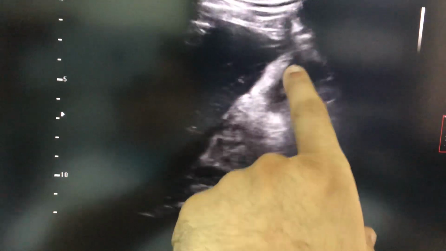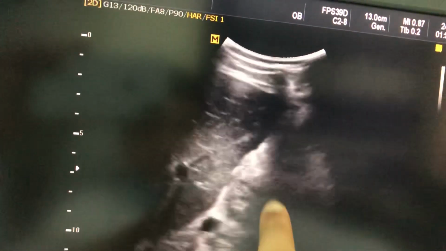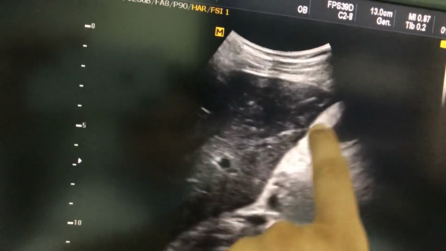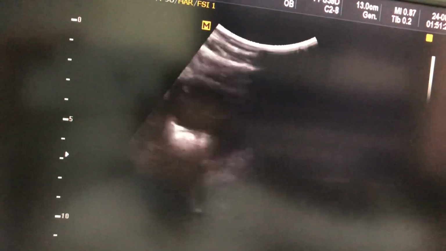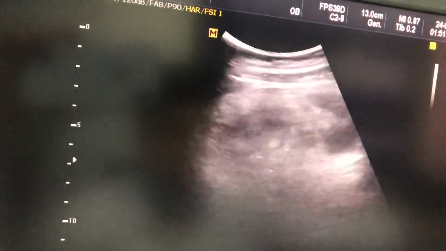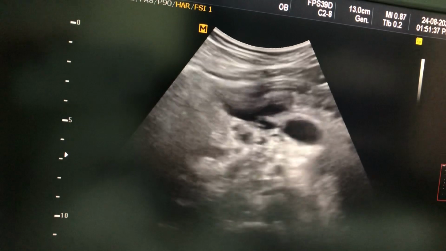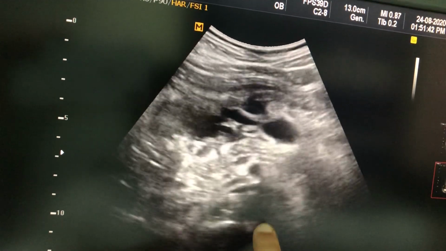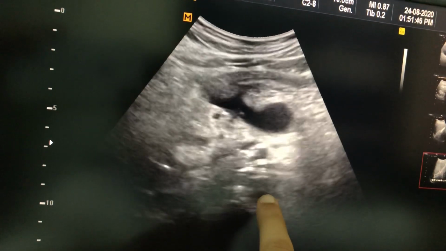Peripancreatic, this soft tissue inflammation, hyperechoic texture, this area. This is the aorta. This is the inferior mesenteric vein. This is the aorta.